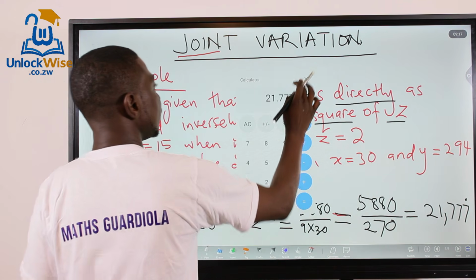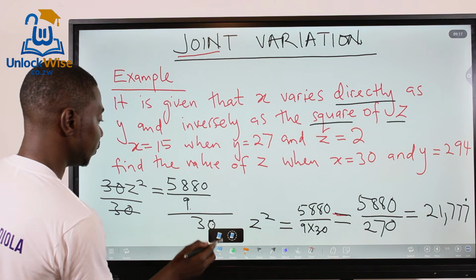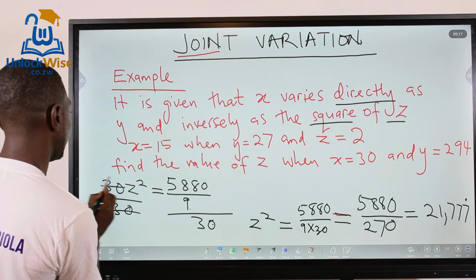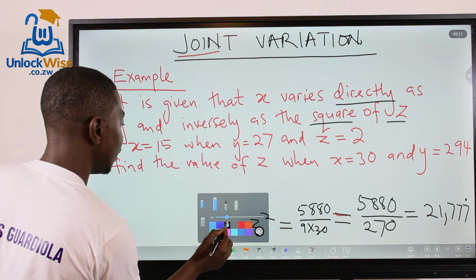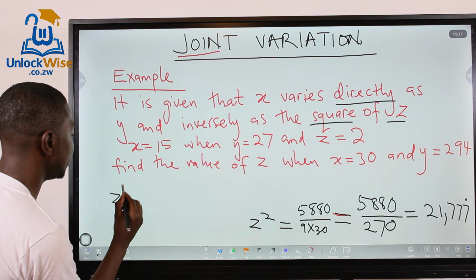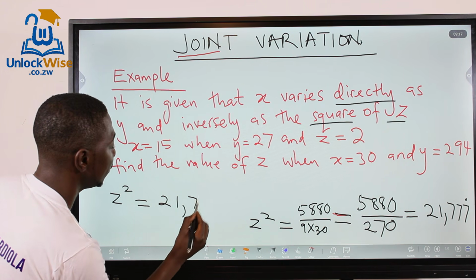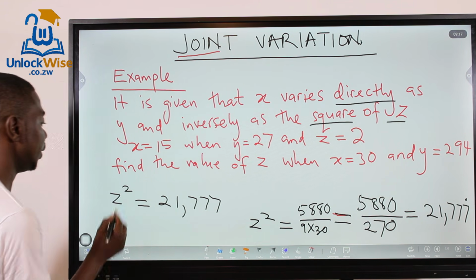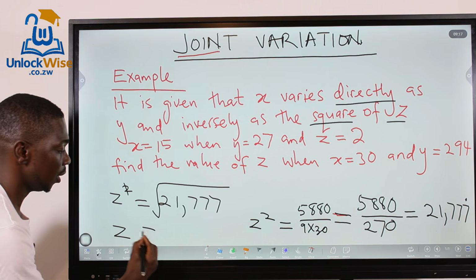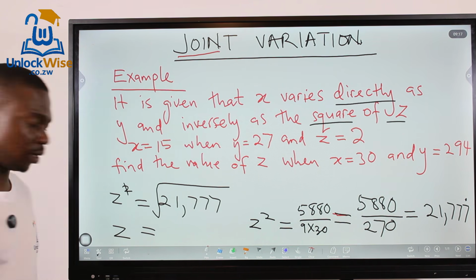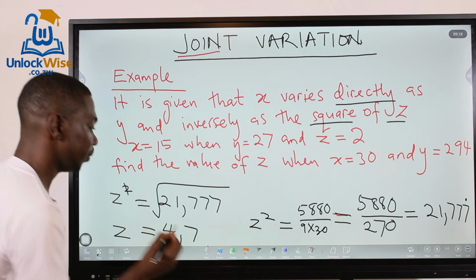So from there now, we have our z squared being equal to 21.777, whatever. And if we do this so that we can find the value of z, we are going to get z being equal to 4.7, right?